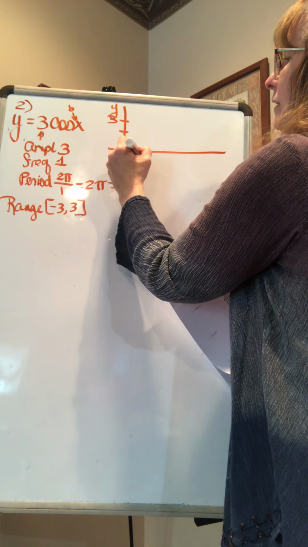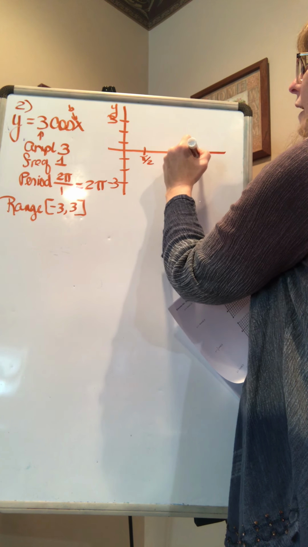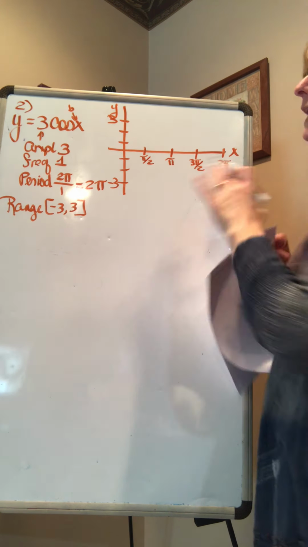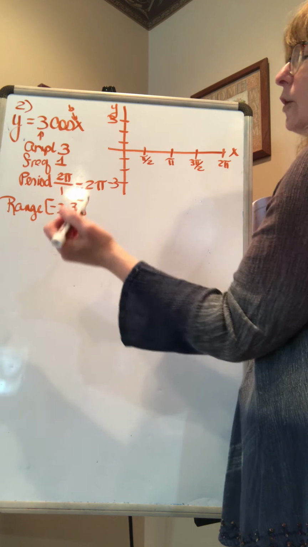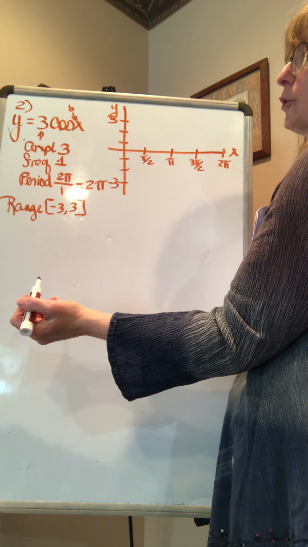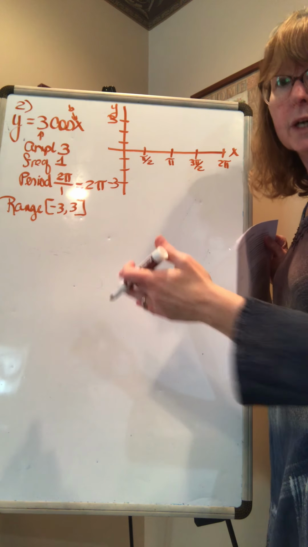And here's my 90 degrees, my pi over 2, my pi, my 3 pi over 2, and my 2 pi. Notice I label everything, and I expect you to as well. So cosine, on our table, at 0 degrees, cosine goes to 1. But now I have an amplitude of 3. What that means is 1 times 3.